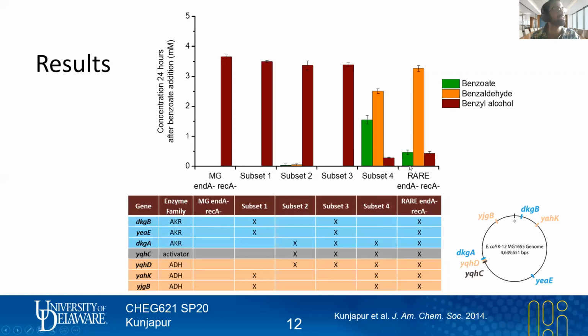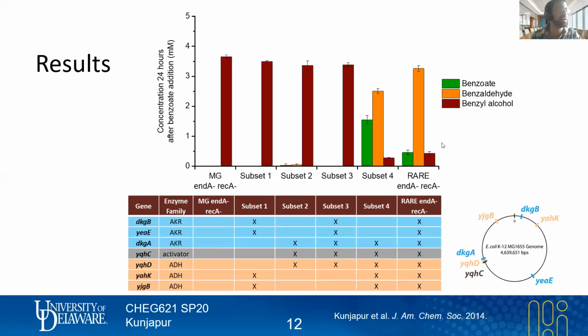So in this case, we liked this final strain. It had a reduced ability to perform reduction on aromatic aldehydes, and so we called it the rare strain, for reduced aromatic aldehyde reduction.